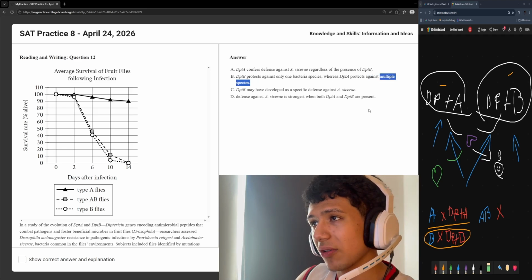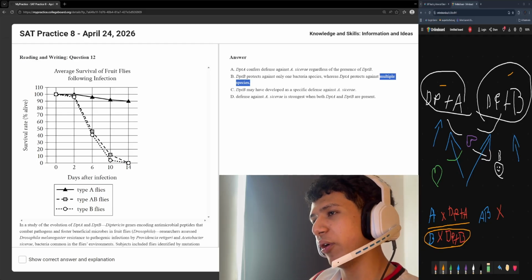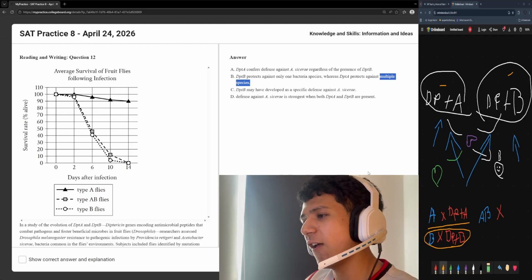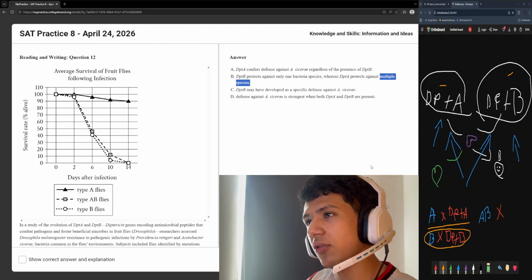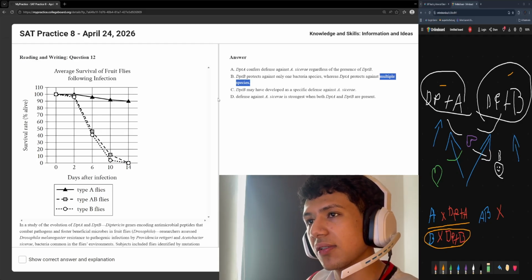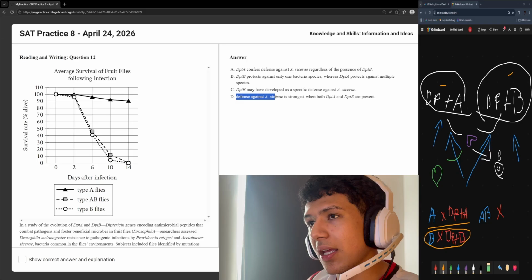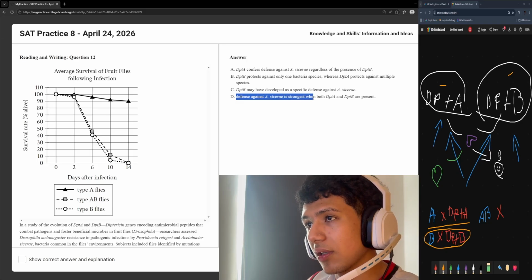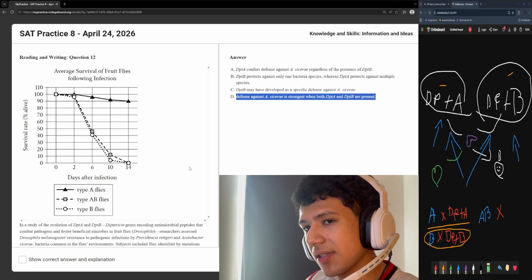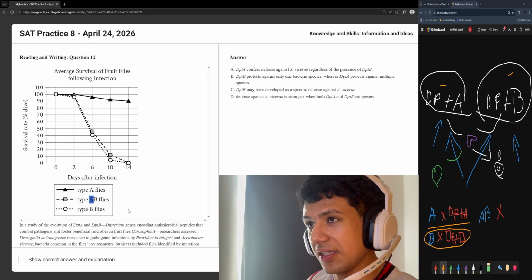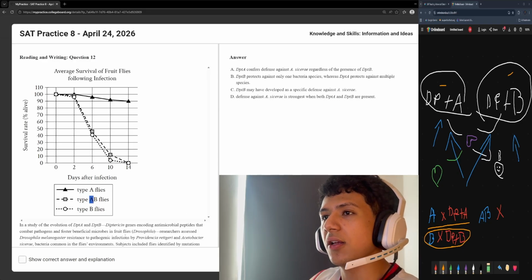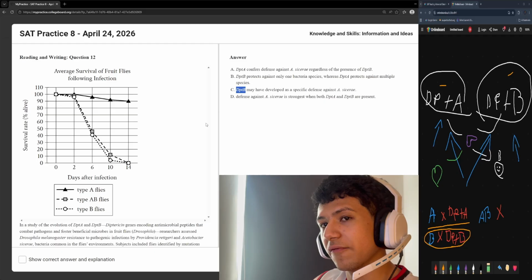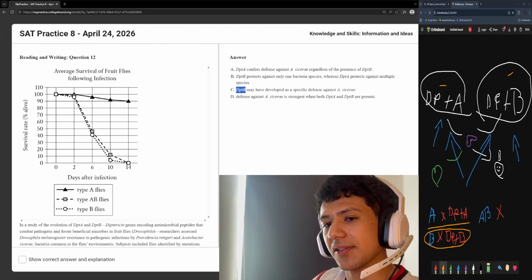Whenever we only talk about 2 species, we never talk about more than that, so we can't really say that it protects against multiple species. Defense against AS is strongest when both DPTA and DPTB are present. No, they die. Type AB flies die. So option D, DPTB helps the fruit fly survive. That's the answer, option C.